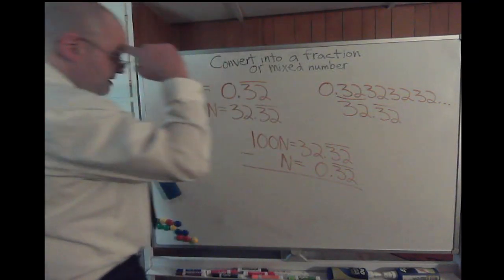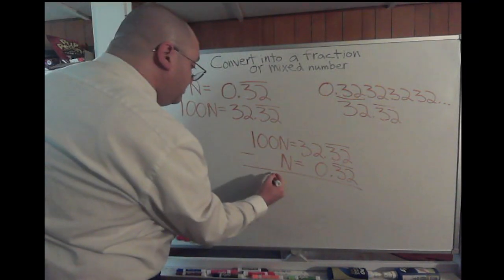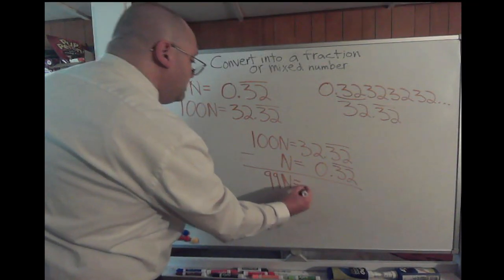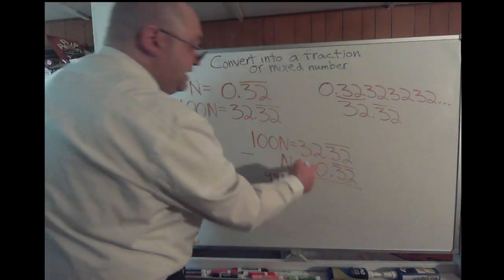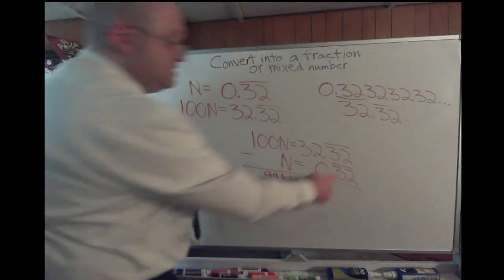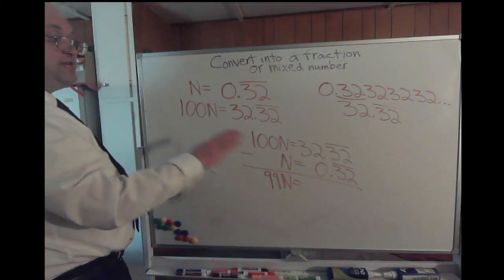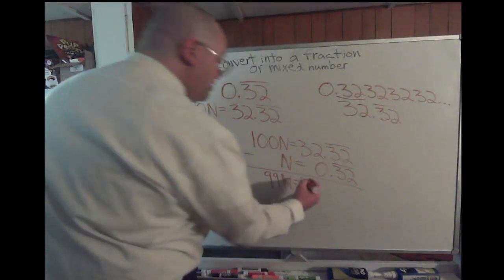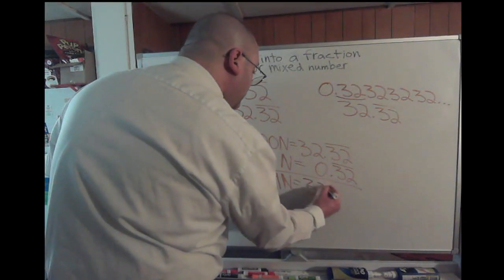Well, on the left side, we have 100n minus n. That equals 99n, which would equal, on the right-hand side, well, that 32 bar minus 32 bar for the decimals reduces to 0. The bar's gone. Now you just have 32 minus 0. That's just 32.